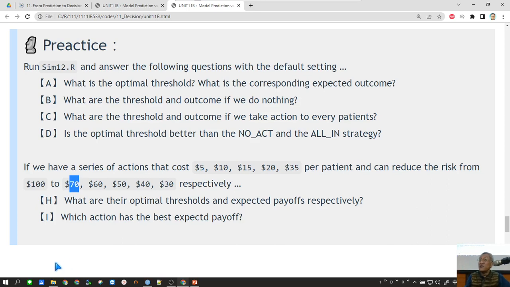So now I want you to adjust. You don't need to write a program, right? Just use the simulator. I want you to simulate these 5 different cases, and for each case find out the optimum threshold and the expected payoff, and which action has the best expected payoff. So now you have more than one treatment.